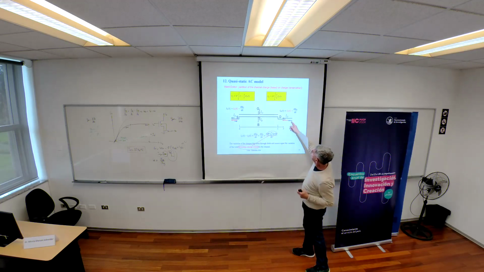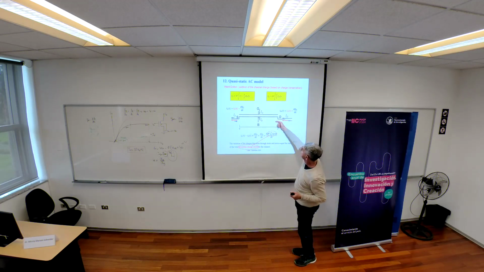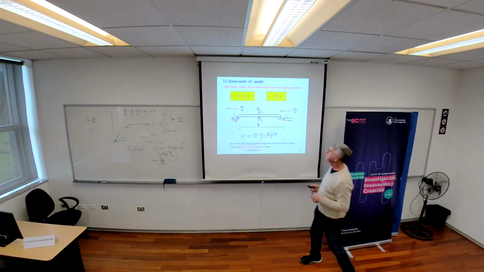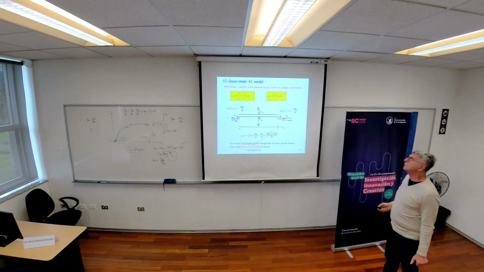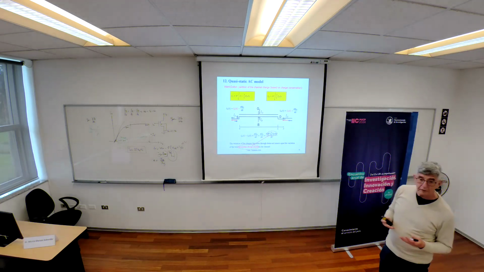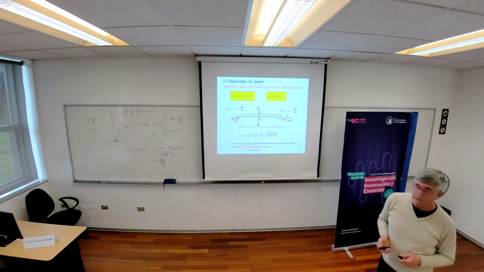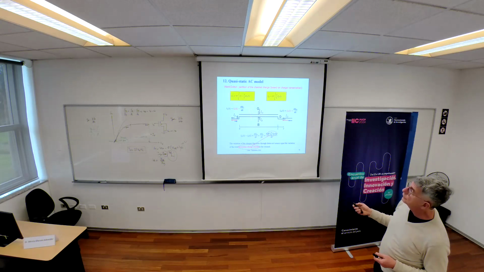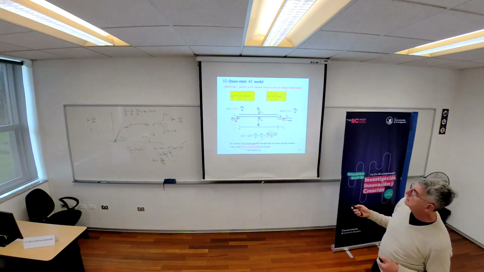So here I represented how much charge is coming from the drain and how much is coming from the source. This was the problem in the old models of the transistor capacitance. Well, they solved the problem simply through these two equations.